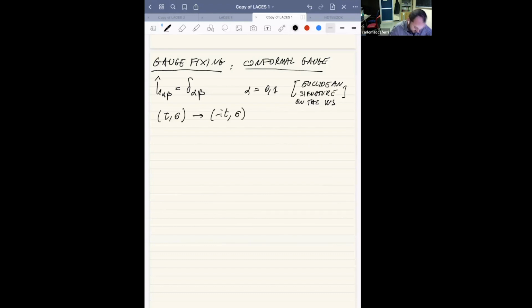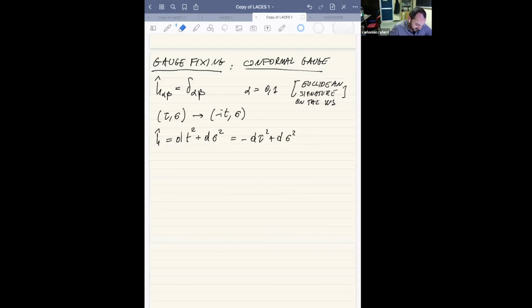Honestly, I don't remember, but it's not so important. The fixed convention is that my h is equal to dt squared plus d sigma squared. Before this was minus d tau squared plus d sigma squared. From here you can easily trace back what is the Wick rotation that I did.